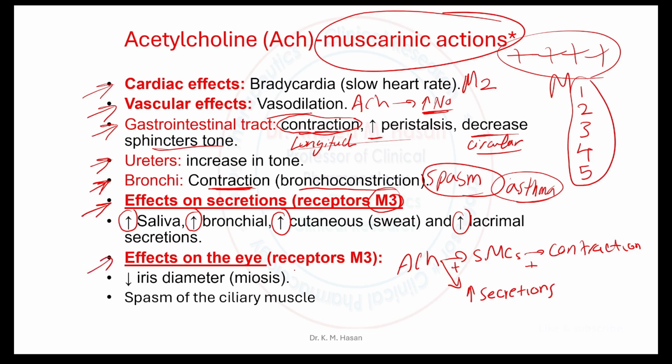Okay, what about the effect of acetylcholine on the eye? On the eye, we know that we have muscarinic receptors, M3 receptor mainly. The result will be miosis. We discussed that in the previous slide. Miosis, because acetylcholine mainly innervates the circular muscle in the eye.